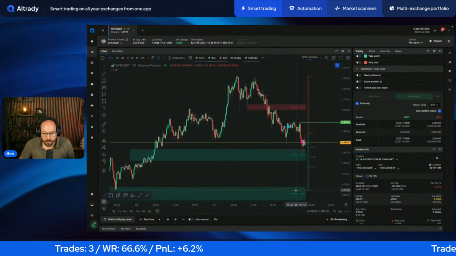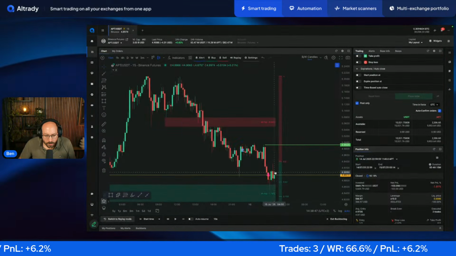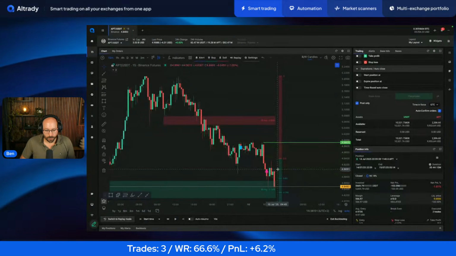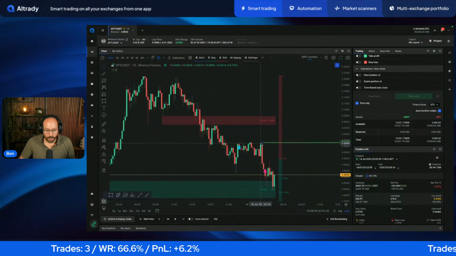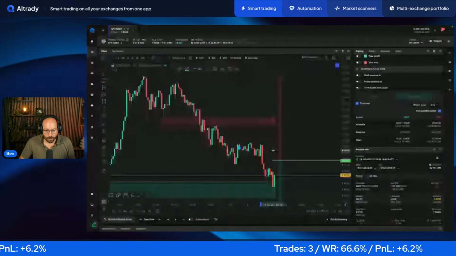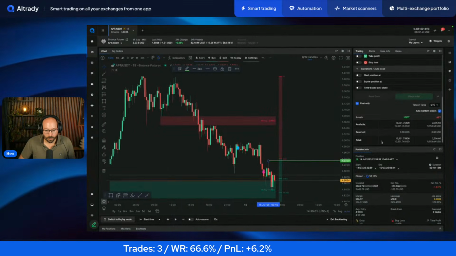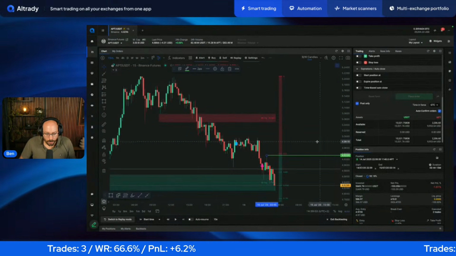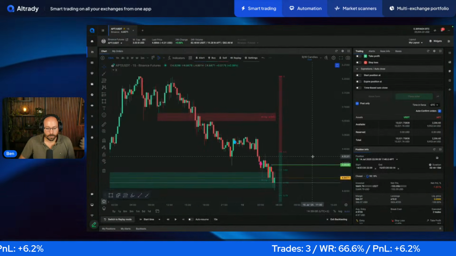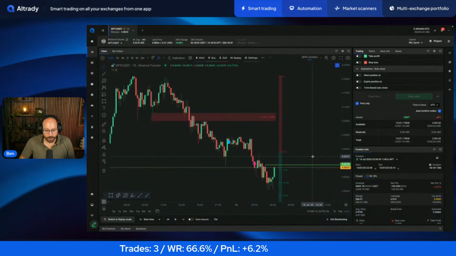If there is a nice reaction, you can see if you can enter on the inverse fair value gap. It didn't close yet, so that lowers that one significantly, and even lower. That's a full fill. That's good.